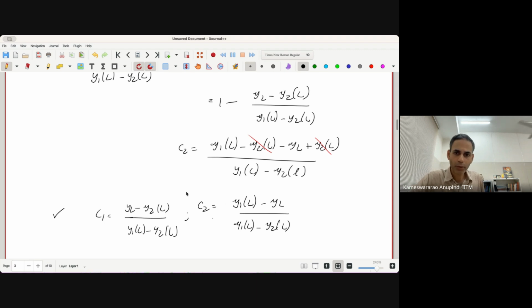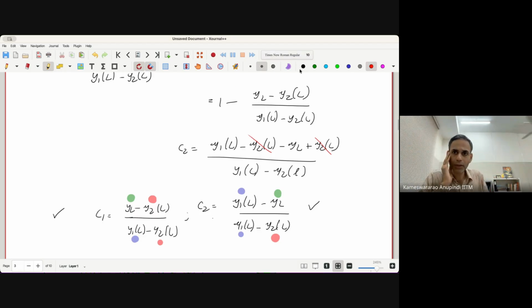So I'm able to obtain C1, C2 purely from yL, that is the given boundary condition, and from y2 of L, that is what I have obtained with some initial guess for y2 prime 0, and then from y1 of L, which is basically obtained at x equal to L for y1, which was solved using y1 of 0 and y1 prime of 0.